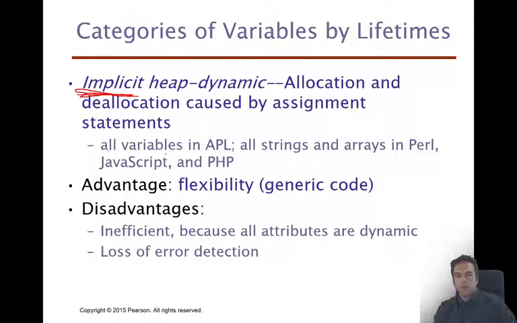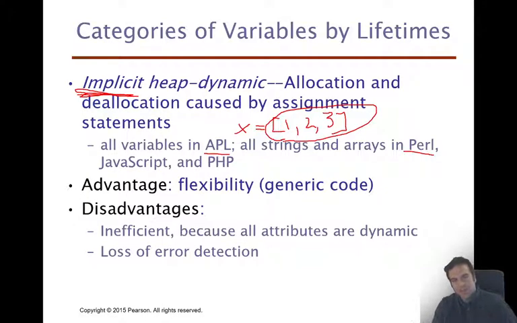In certain languages like APL, I do not have experience in APL or in Perl, this is automatically done for you. In Python, you never really say new, right? You would say x equals, and if you want it to be a new list of numbers, you'd say 1, 2, 3. What does that mean? The Python interpreter decides to go out and allocate space for this list for you. You don't tell it to. It just does it when it's needed, right?